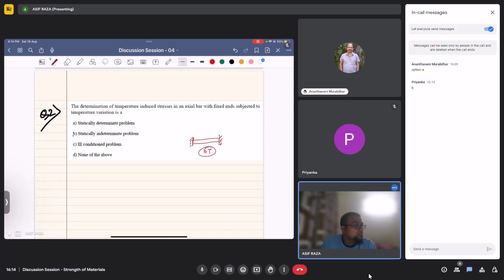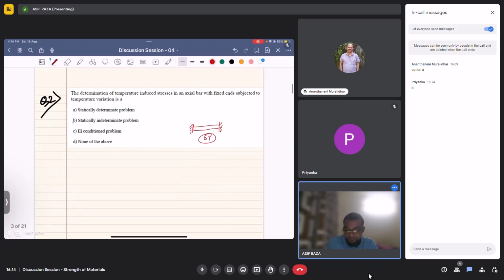Option B. What about Muralidhar? I hope you guys know what is statically indeterminate, because we discussed this question in abundance in the last session.